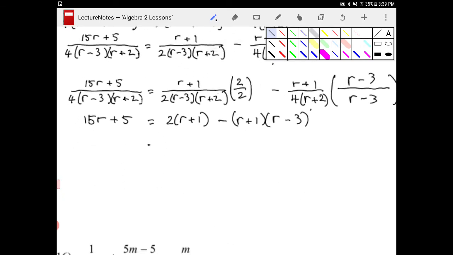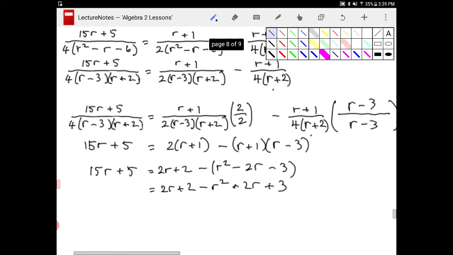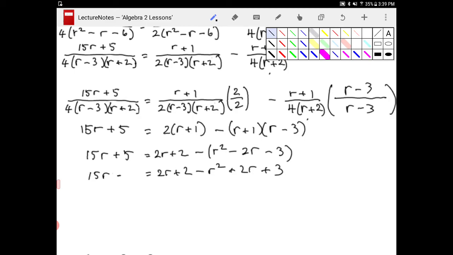So I end up with 2r plus 2 minus r squared minus 2r minus 3, and I have 15r plus 5. I'm going to distribute, so I have 2r plus 2 minus r squared plus 2r plus 3. I have 15r plus 5.